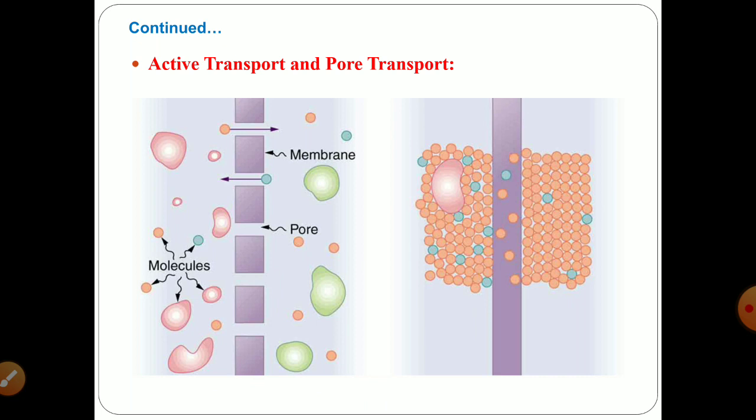Whereas in the case of the pore transport system, the process is important in the absorption of low molecular weight, low molecular size, and generally water soluble drugs through narrow aqueous filled channels, or you can say pores, in the membrane structure.